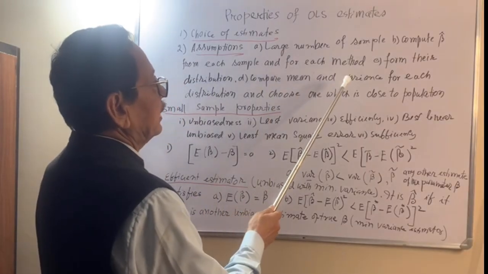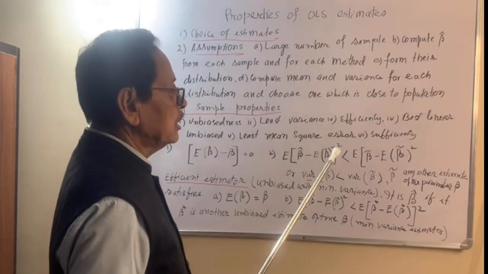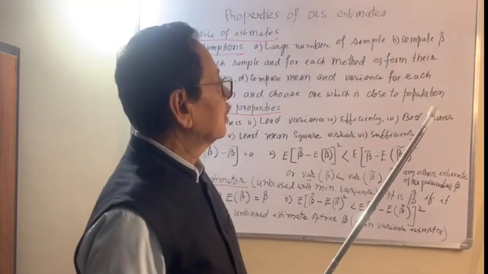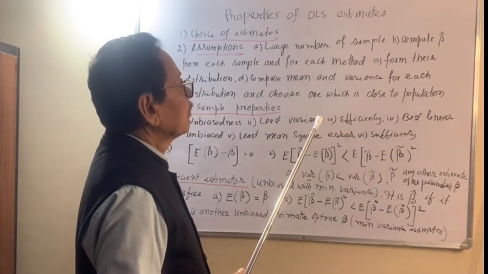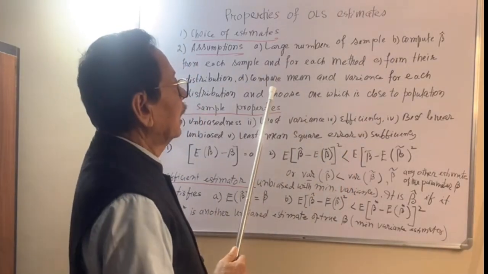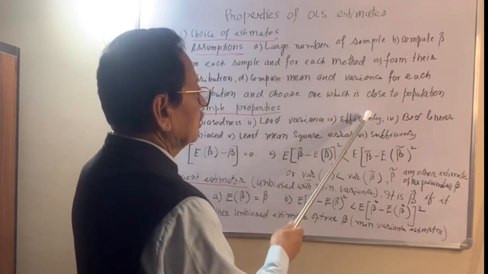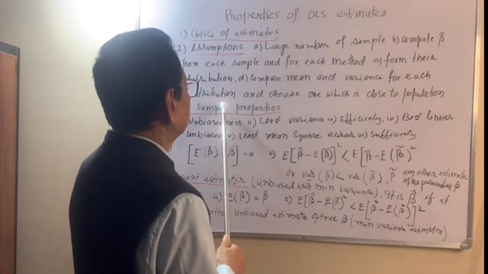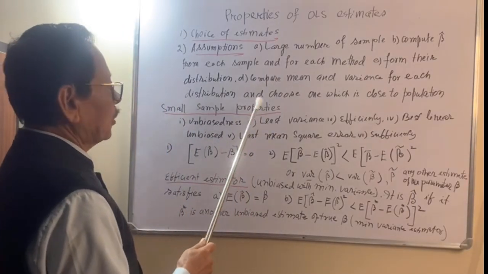Then we compare the mean and variance for each distribution and choose the one which is close to the population, through the mean, variance and distribution of the parameters.